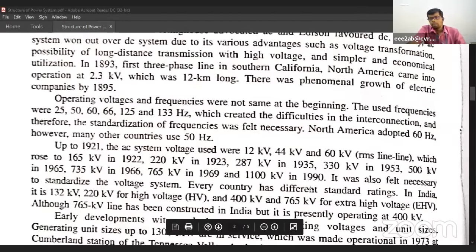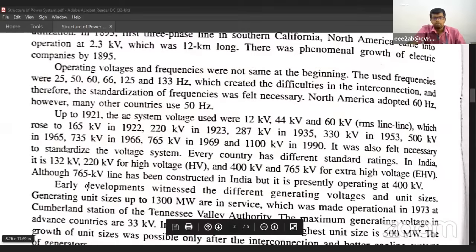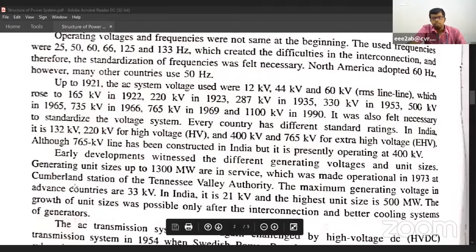In foreign countries, 765 kilovolt is still high voltage. Although 765 kilovolt has been constructed in India, this is an old topic. Now 765 kilovolt is in existence, and even 1000 kilovolt has been tested, commissioned, everything tested.